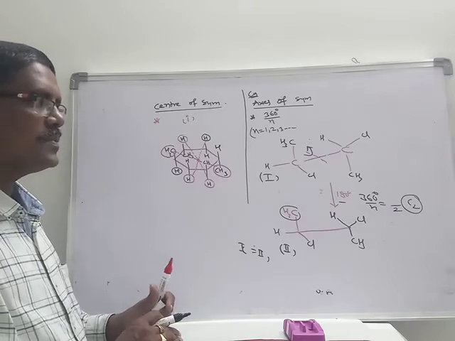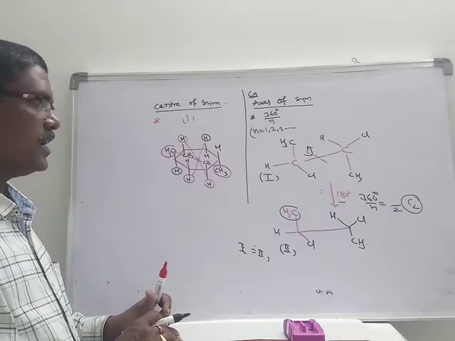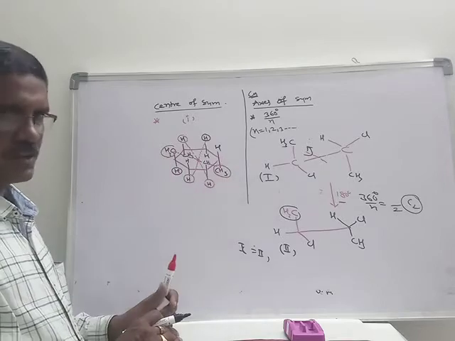The C2 axis of symmetry is present in this molecule. Why?